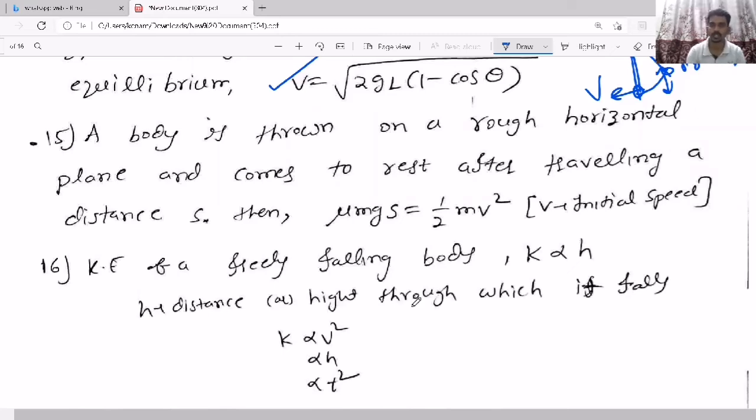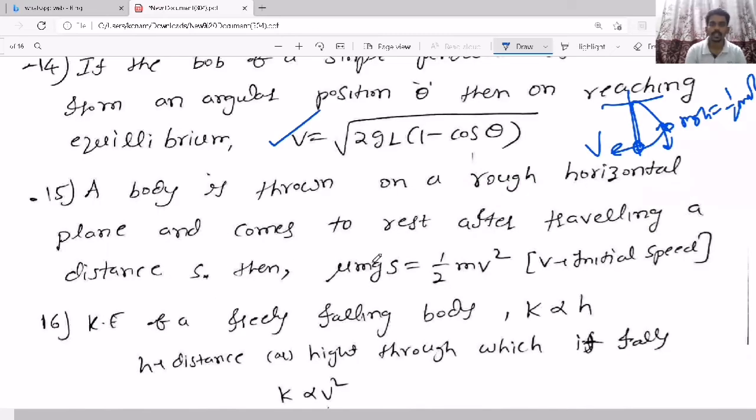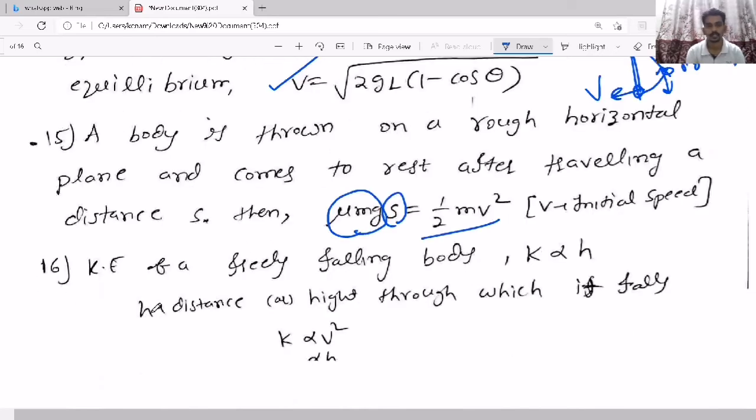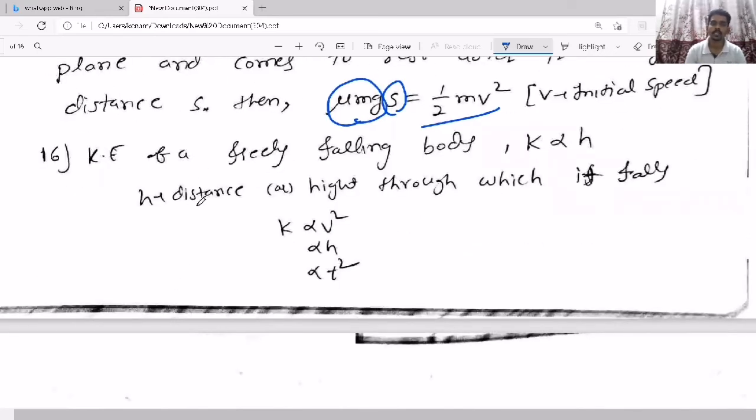Similarly, a body is thrown on a rough horizontal plane and comes to rest after traveling through a distance s. So why is it coming to rest? Because work is done against friction. So work done by friction, that is frictional force times displacement, is equal to change in kinetic energy. Next, kinetic energy of a freely falling body.